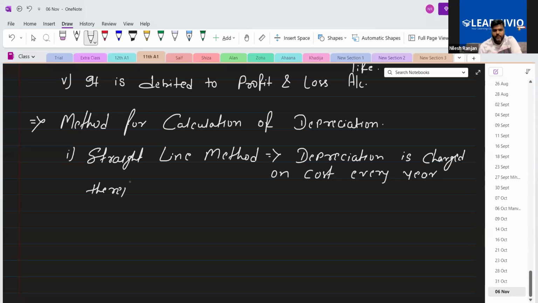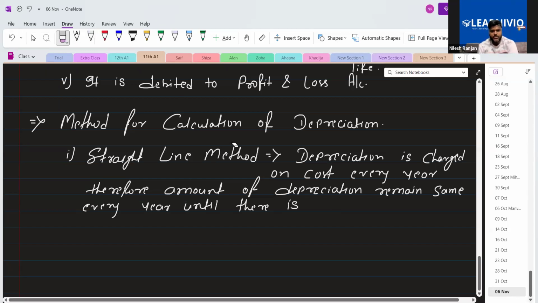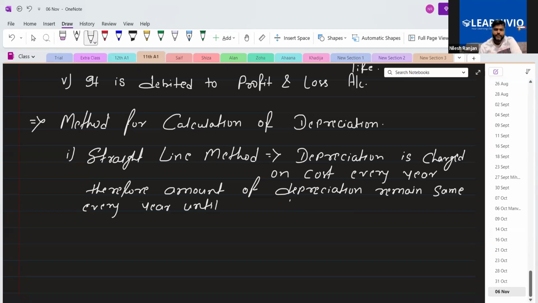Therefore, the amount of depreciation remains the same every year until the machine or the asset is used for less than a year.